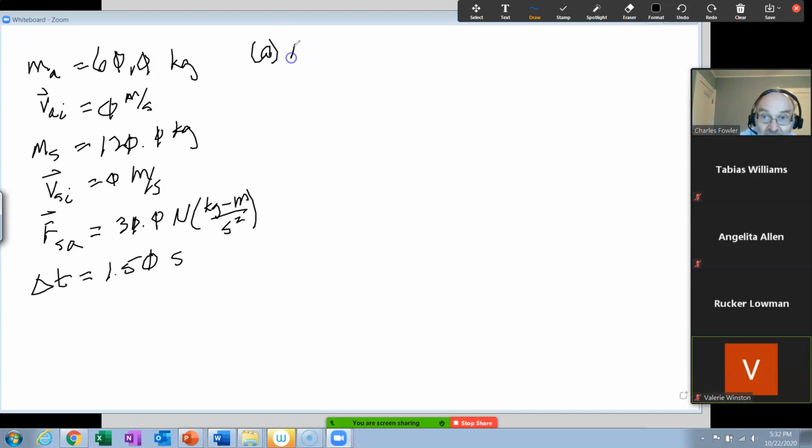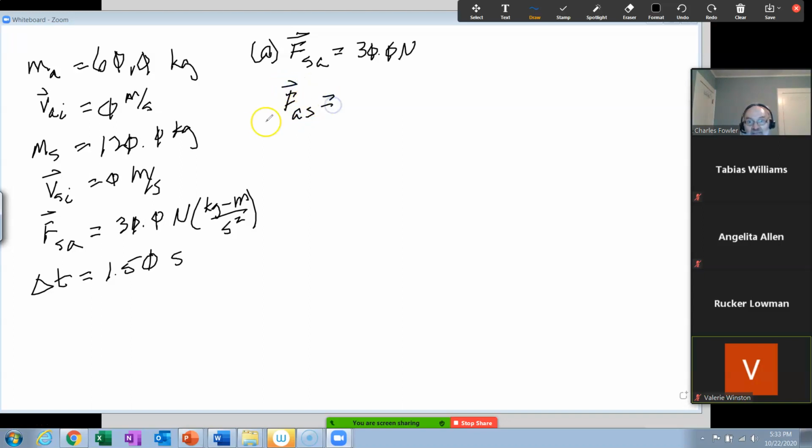Okay, so we know that the force exerted by the astronaut on the spacecraft is 30.0 newtons. I'll leave newtons there for now. Okay, now compare that force with the force exerted by the spacecraft on the astronaut. So we want to do the force on the astronaut by the spacecraft.